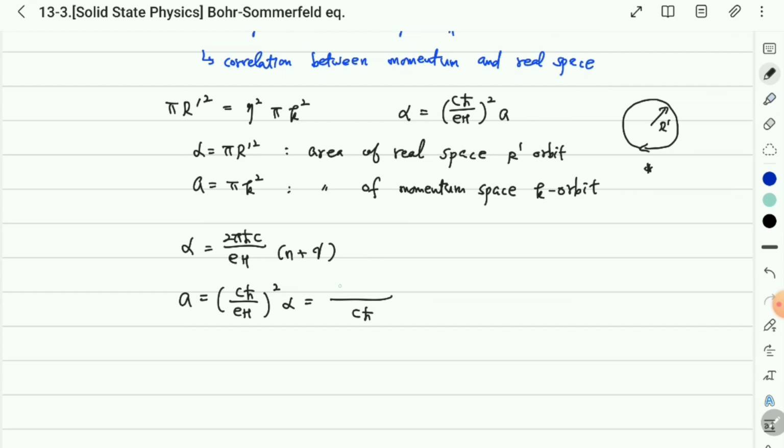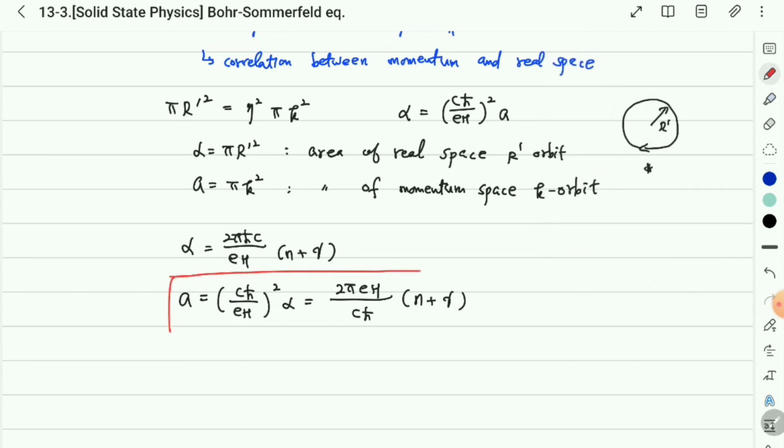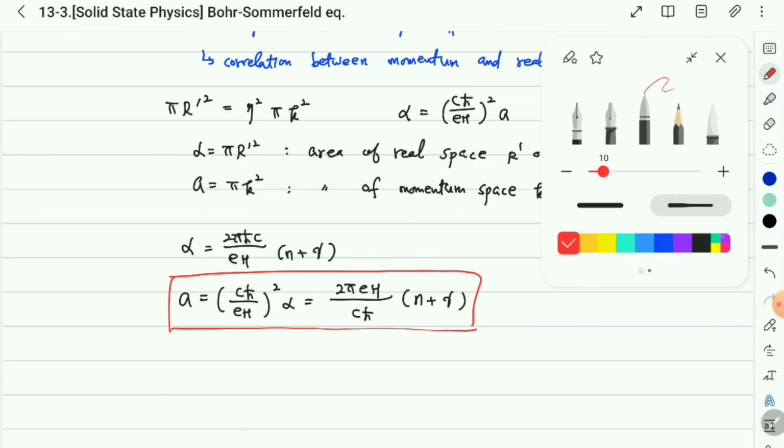We can write 2 pi e h over c h bar, times n plus gamma, and it is the area of the cyclotron orbit in momentum space that is quantized. We call it the Onsager relation.